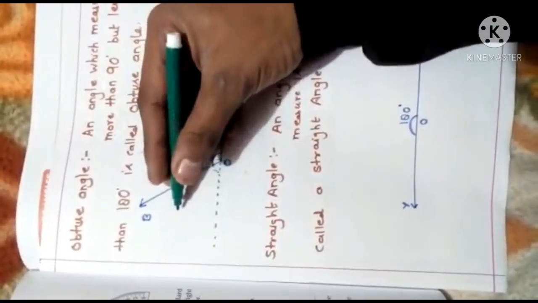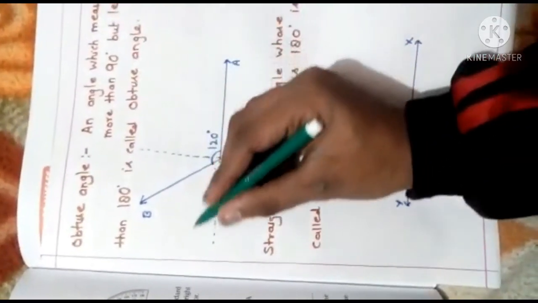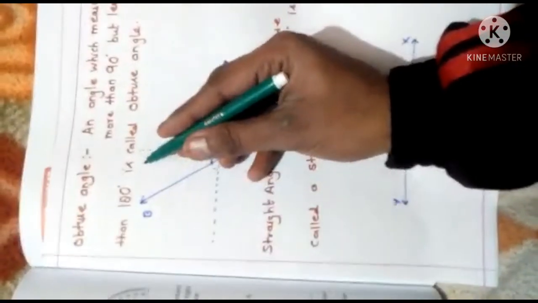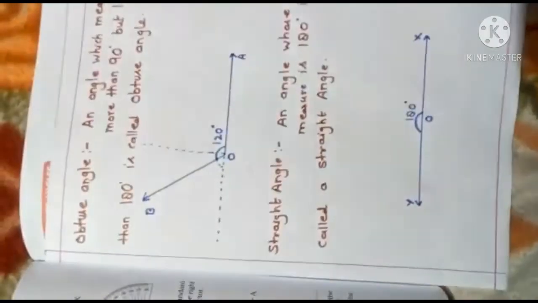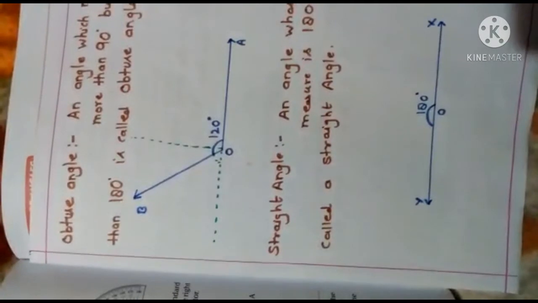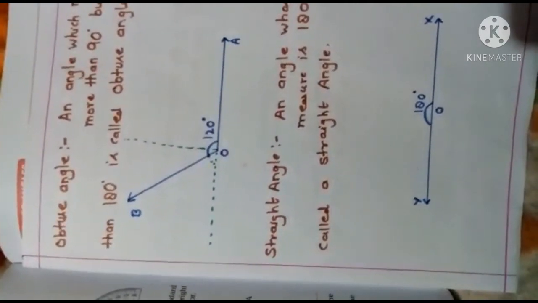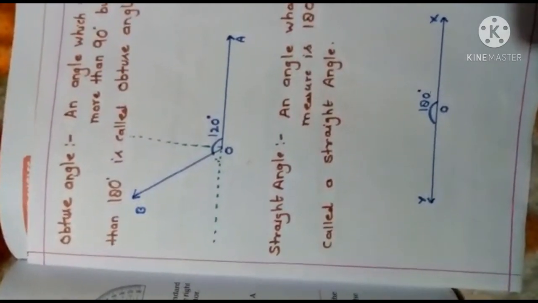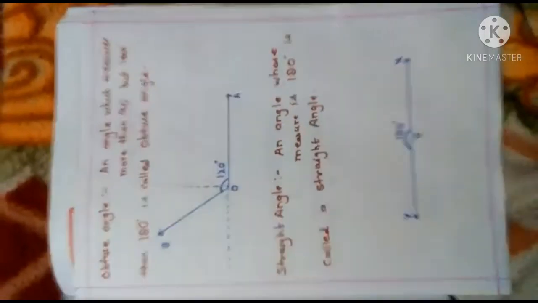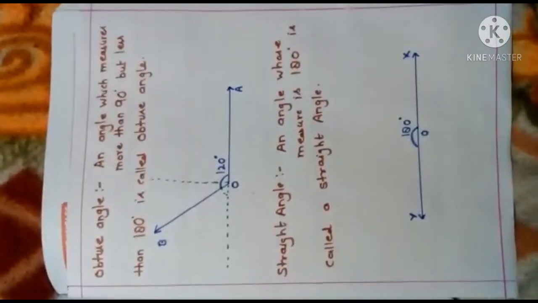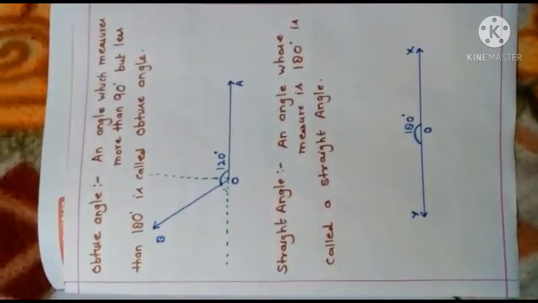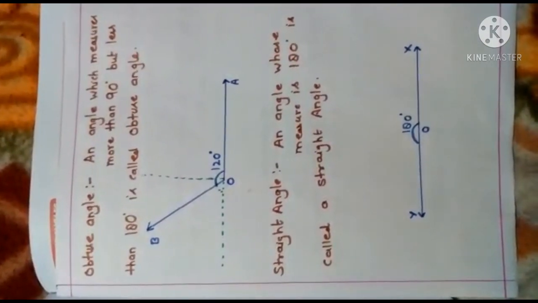Here this is an obtuse angle, and this is an obtuse angle. So 135, 145, 160 are called obtuse angles. Understand? An angle which measures more than 90 but less than 180 is called an obtuse angle.